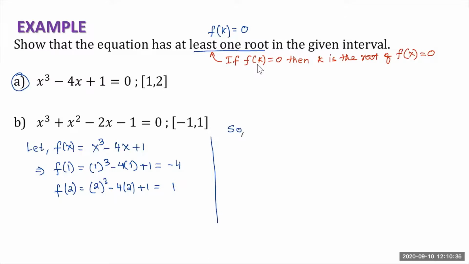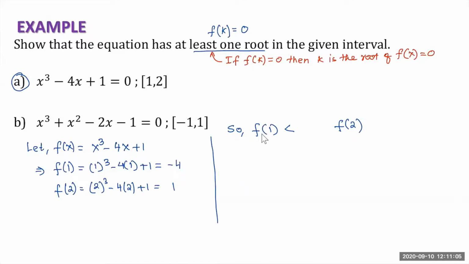So if you look at the condition here, your f of 1 is negative 4, f of 2 is 1. That means f of 1 is smaller than f of 2, because negative 4 is smaller than 1.